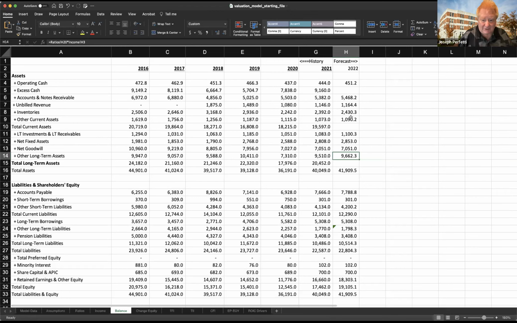That gets us all of the assets that would add up to total assets, except for excess cash. And now we're ready to solve for, or plug, excess cash. So here's what we're going to do for cell H5.